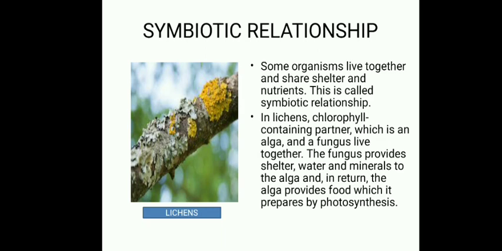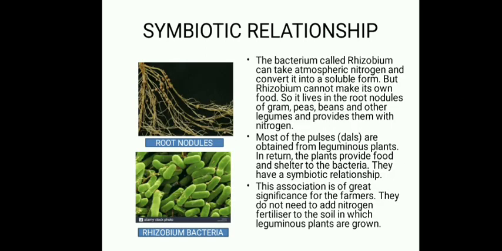Let us see another example of a symbiotic relationship. This is a symbiotic association between root nodules of leguminous plants. Which are leguminous plants? All types of dals that you eat, say moong, masoor, arhar, all these dals are legumes.